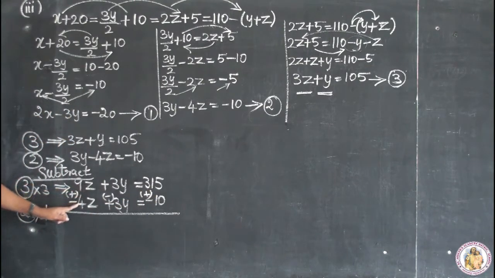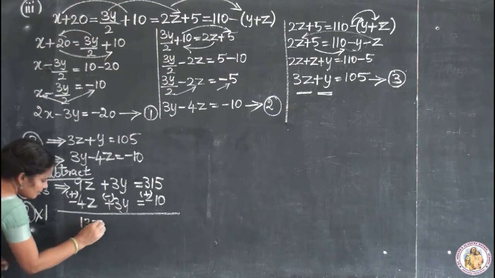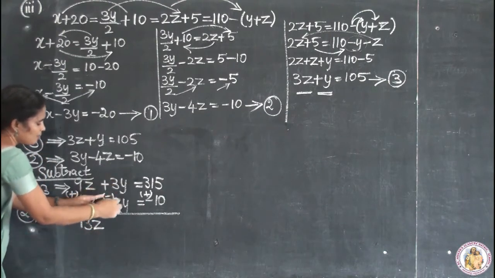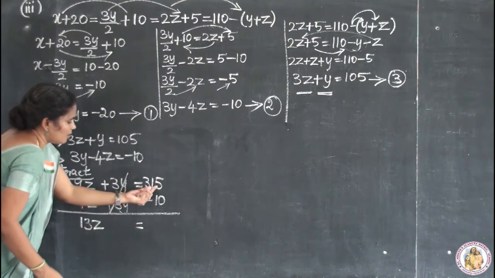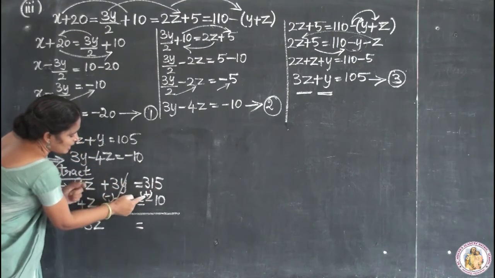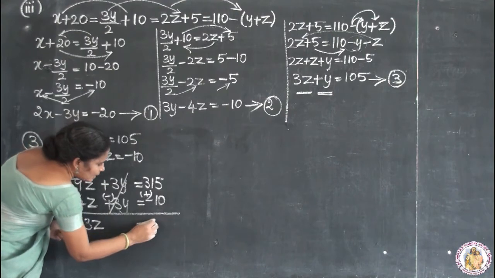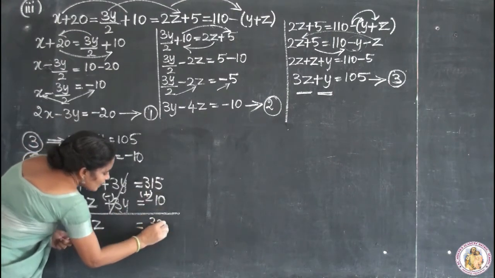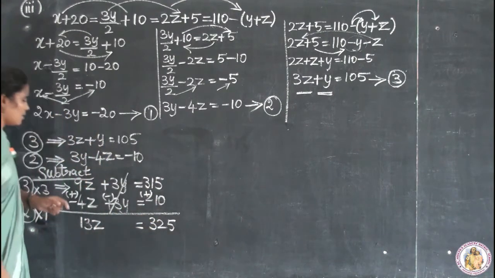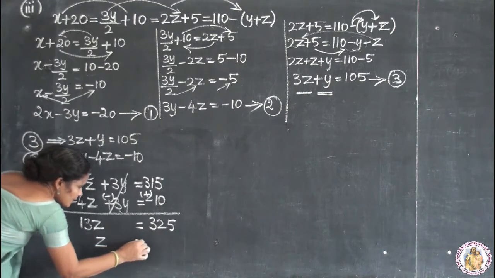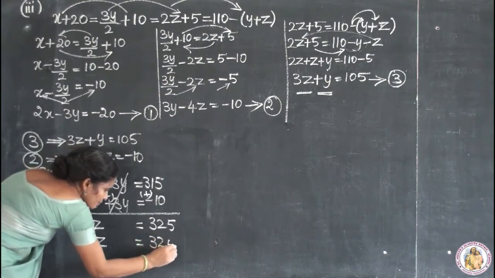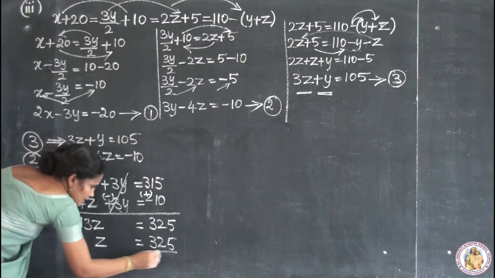9z plus 4z is 13z, plus 3y minus 3y cancel, and here plus and plus. So add 315 plus 10, it will be 325. We have z is equal to 325 divided by 13.